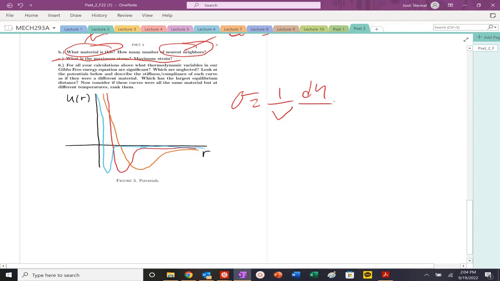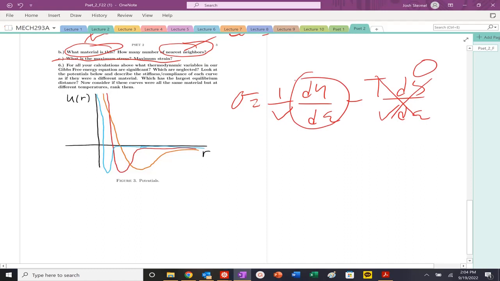We did our thermodynamic analysis, and we found that our stress was equal to 1 over the volume times the change in our internal energy over the change in our strain, minus TdS over V d epsilon. And we said that as we pull a material, the entropy of a metal or polymer that's less than Tg is not going to change significantly, and that's how we're able to find those values.